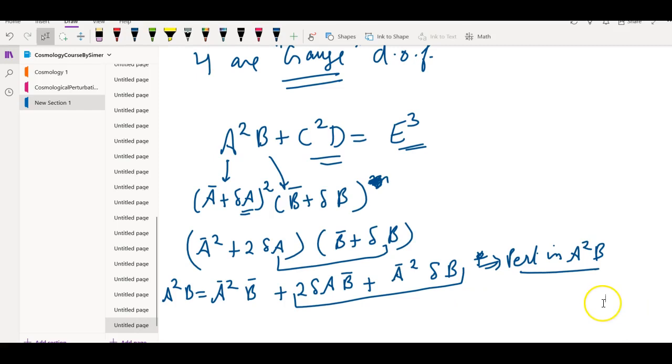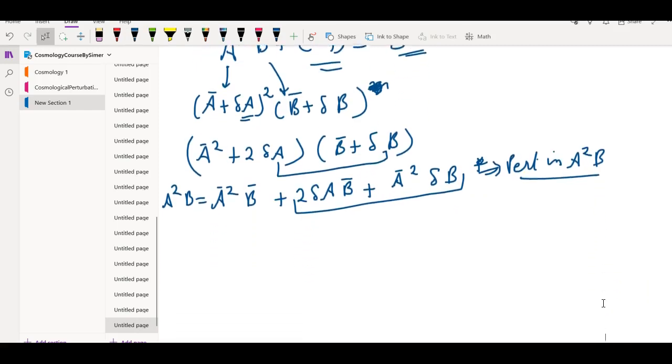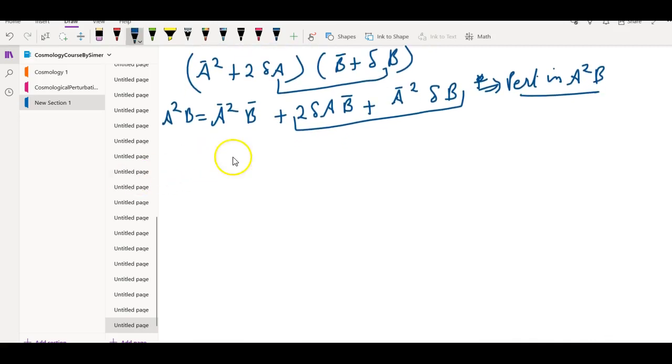Because we are keeping only the linear terms and dropping the higher order terms, what does the perturbation in a square b look like? This is this.